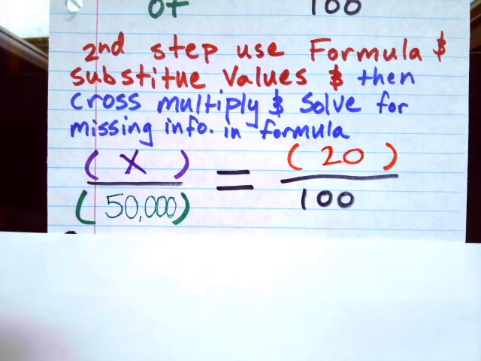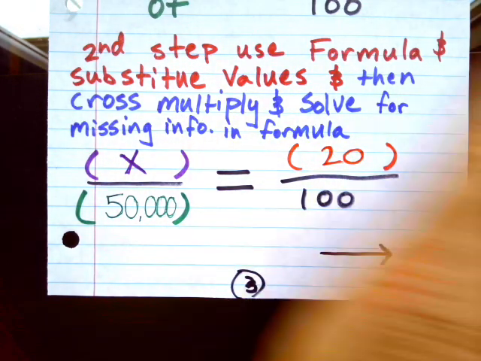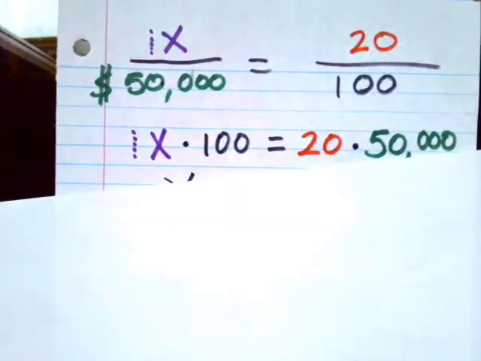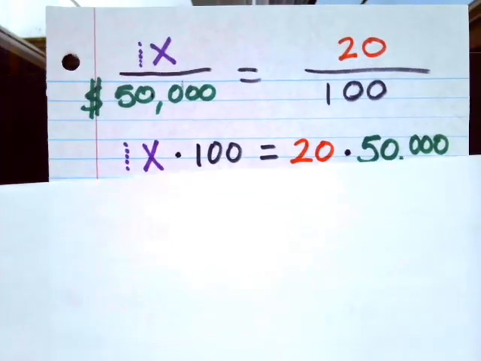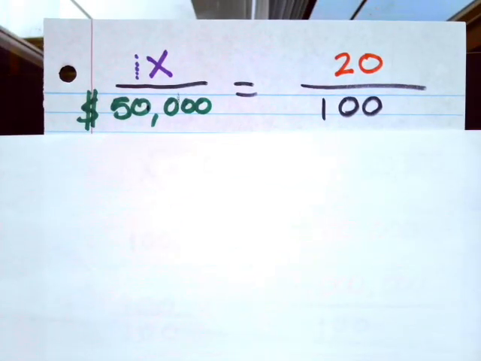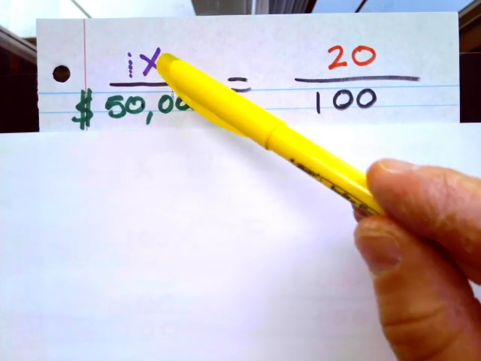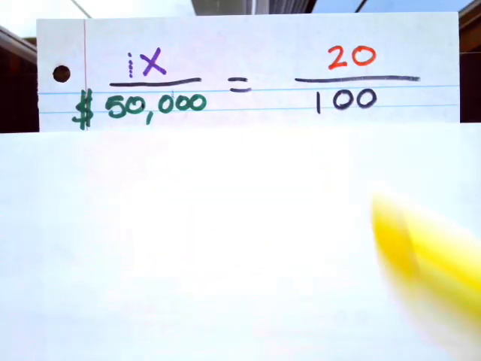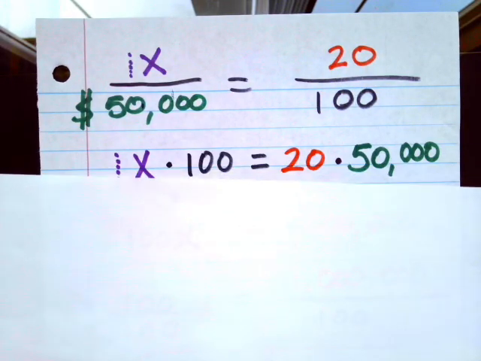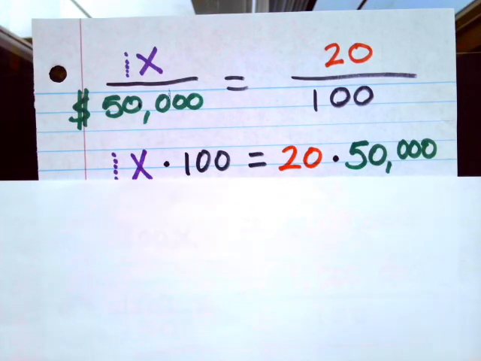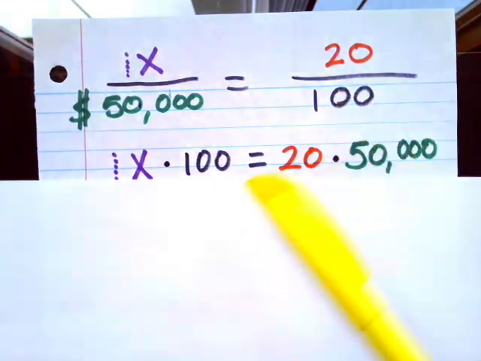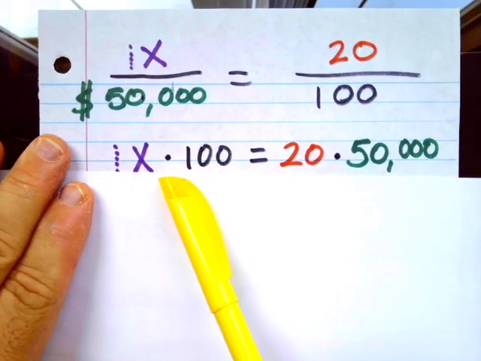So let me show that to you now. Here we go. I have, again, that invisible 1x. Don't forget, show those invisible ones. It really clarifies. Again, I'm going to cross multiply, keeping them separated by that equal sign. So 1x times 100 I'm showing you here.